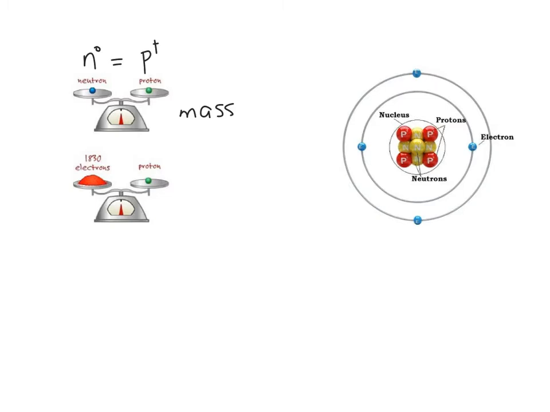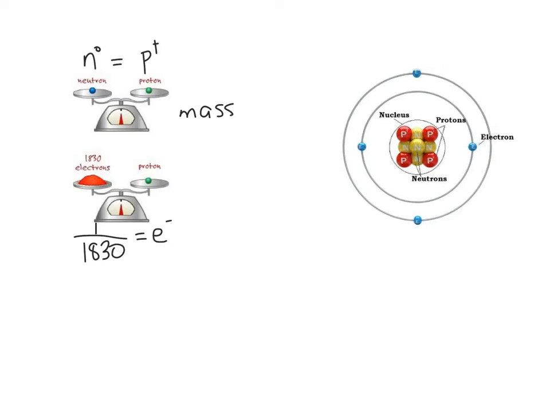So we need 1830 electrons to equal the mass of a proton. So the mass of 1 electron is 1 over 1830 atomic mass units.